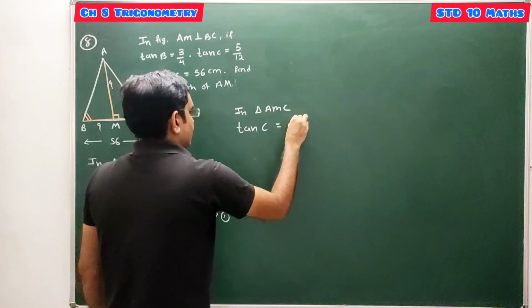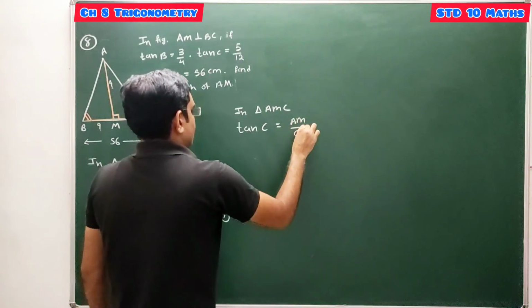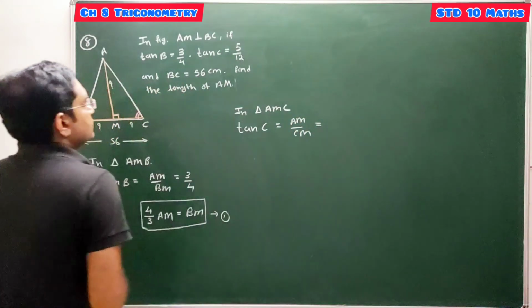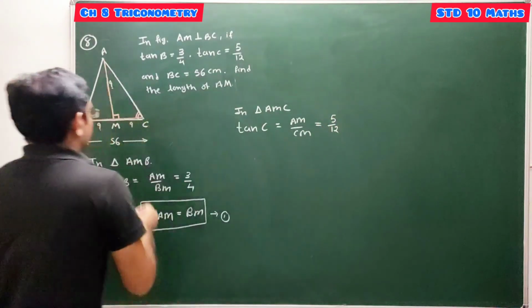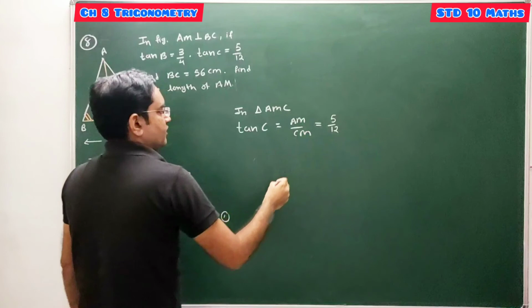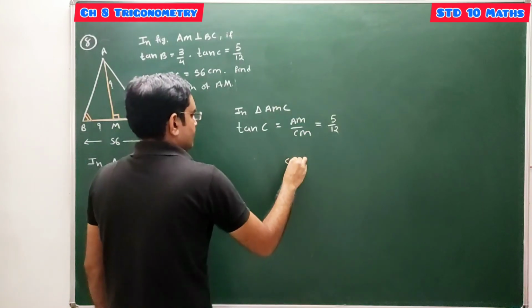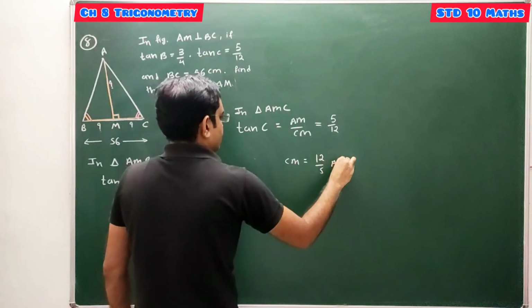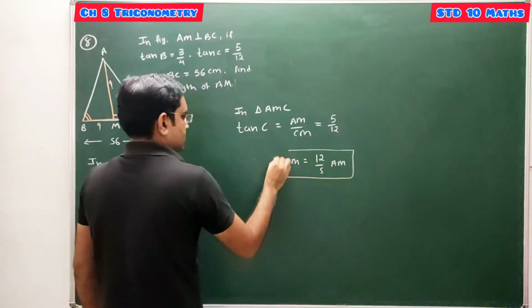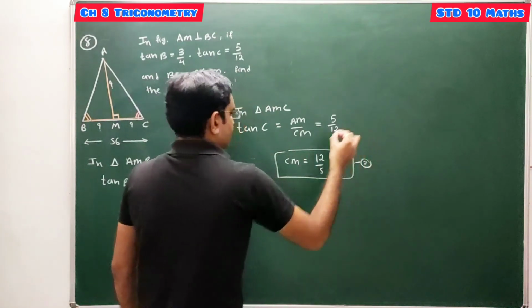So it's AM upon CM, AM upon CM equal to 5 by 12. Here we require CM. So our CM is 12 upon 5 AM. Say this one as result number 2.